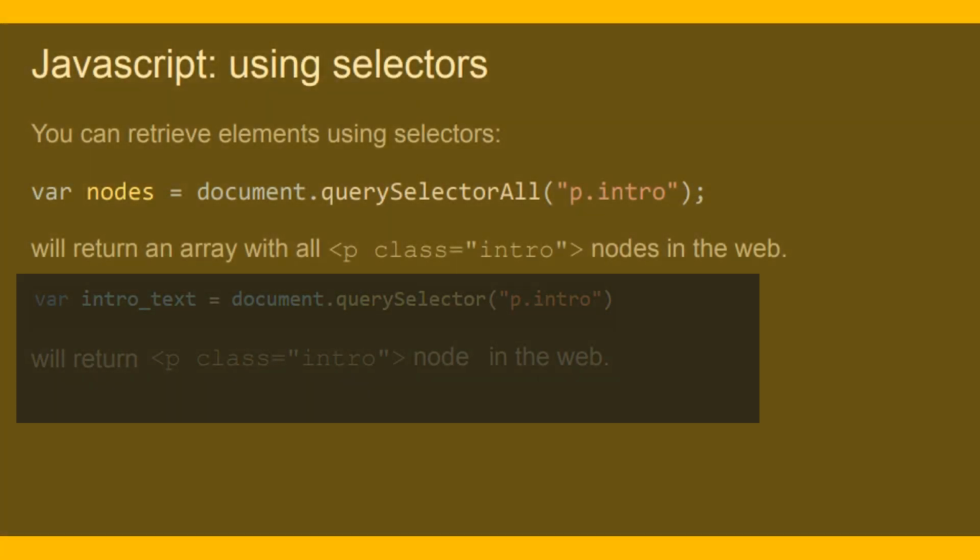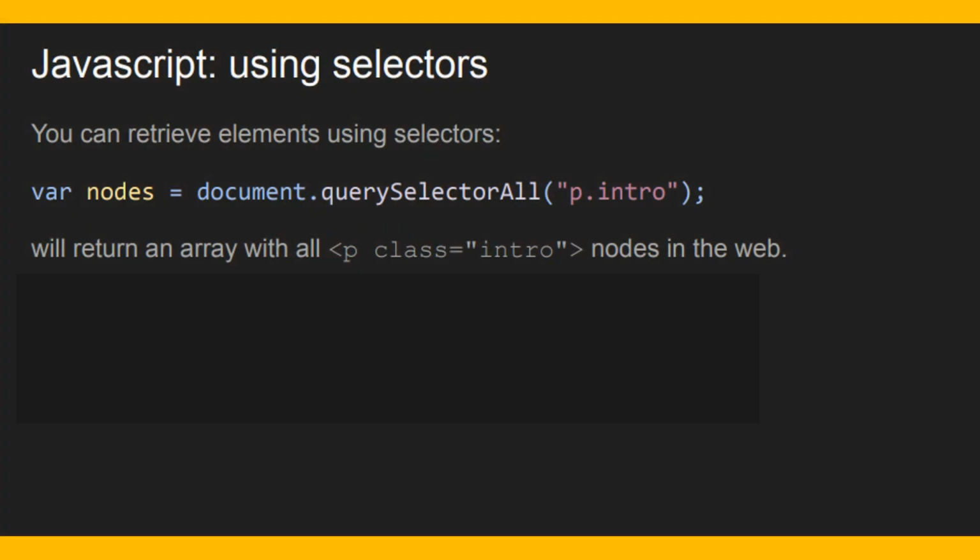Now let's check retrieving elements using selectors. var nodes = document.querySelectorAll("p.intro"), with the quotes and p.intro inside as a parameter to that built-in function.